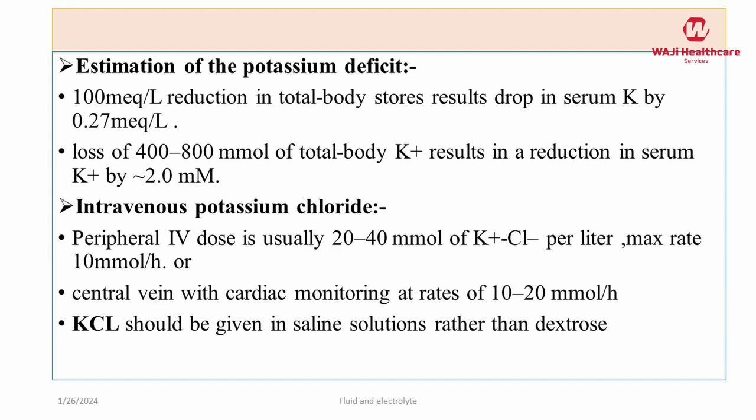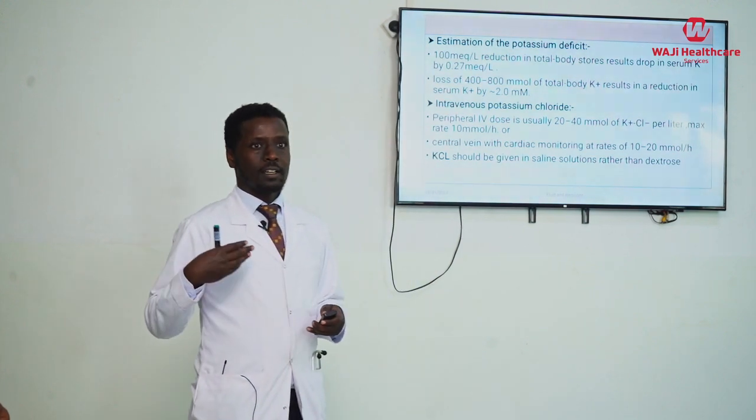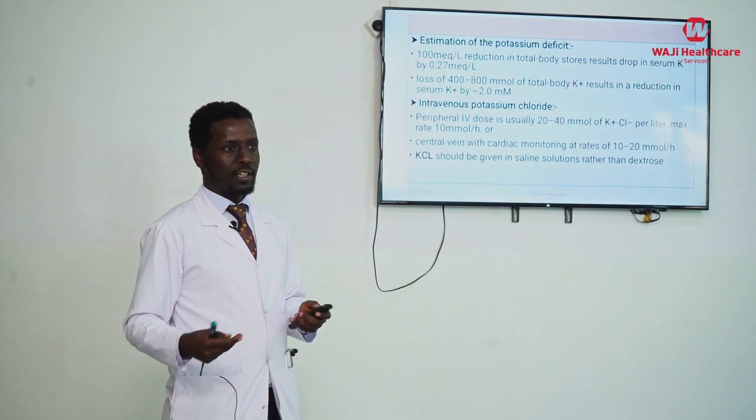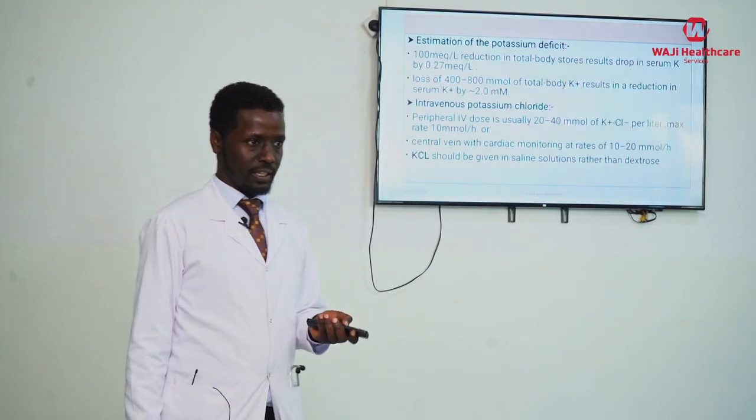I forget the medical terminology; in countries where it is legal, for terminal or cancer patients who don't want to continue, the term is euthanasia. If they want to die, you will give them a KCL push and they will die.